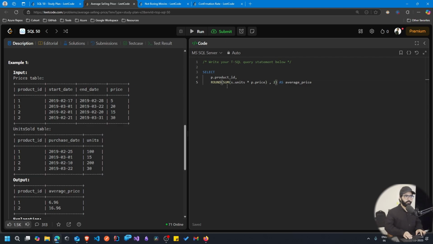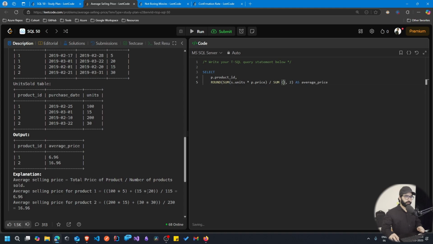We have to sum these and we have to divide this by sum of s dot units. Okay, and we have rounded to two decimal places from products p.